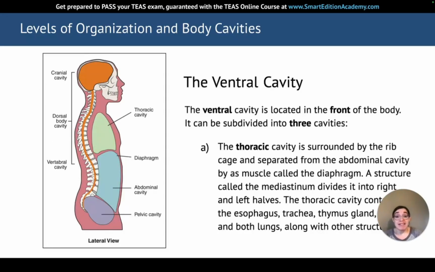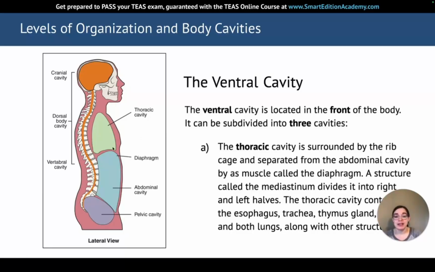So the ventral cavity is found in the front of the body. You can see it illustrated here by this green cavity and this blue and purple cavity. As is evident from our diagram, the ventral cavity can be subdivided into 3 separate cavities. The top one is the thoracic cavity.